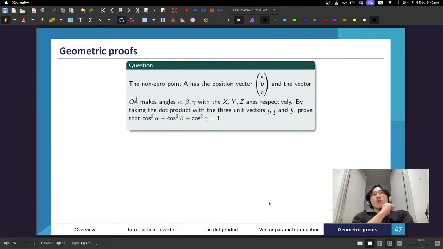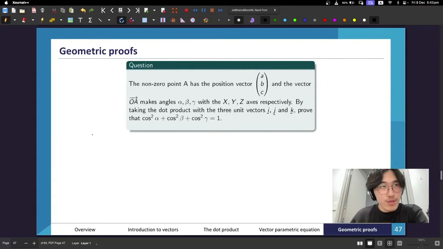Okay, the non-zero point A has the position vector a, b, c, and the vector OA makes angles alpha, beta, gamma with the x, y, z axes respectively. By taking the dot product with the three unit vectors i, j, and k, prove that cos squared alpha plus cos squared beta plus cos squared gamma equals 1.